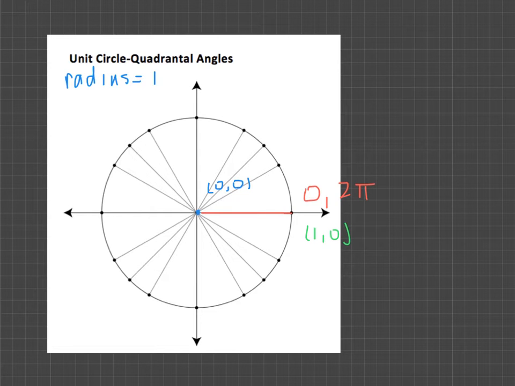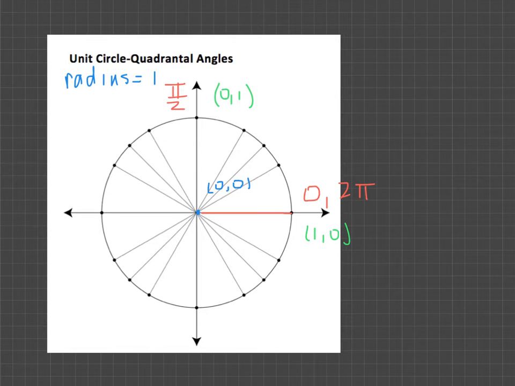If we have radius of 1, that means the distance from the origin to that point is 1. Now let's go 1/4 turn. That gives us angle measure of pi over 2. That corresponds to a point where x is 0 and y is 1.